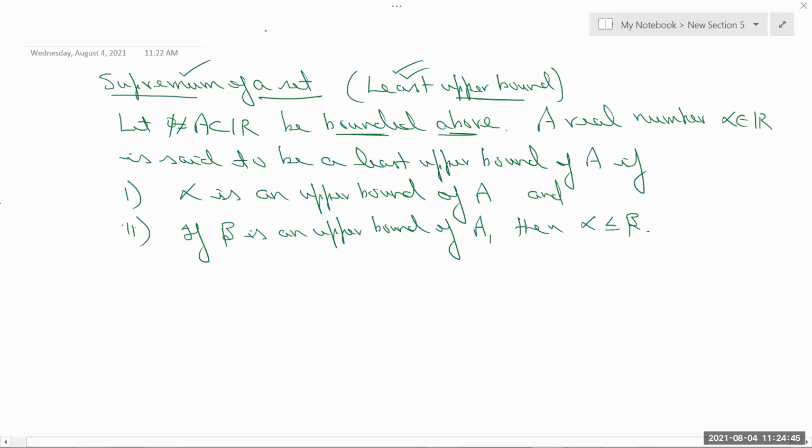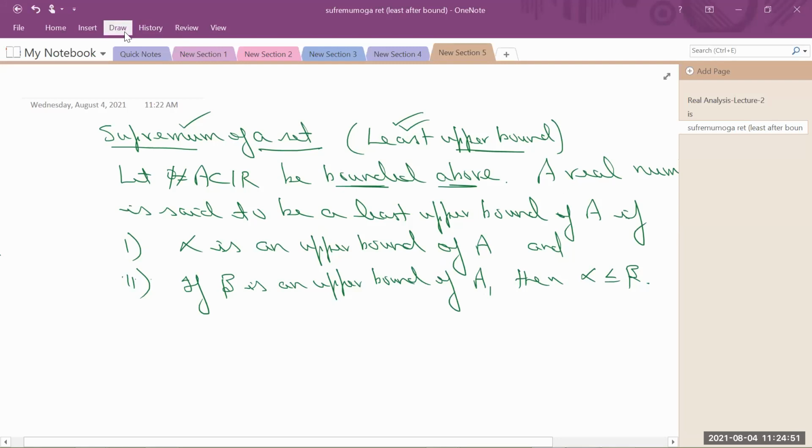Now you go through this definition, and if you have any doubt, you can ask. I'm saying that the supremum of a set is also referred to as least upper bound, in short LUB. For talking of a least upper bound of a set, it must be non-empty, and it should be bounded above first.